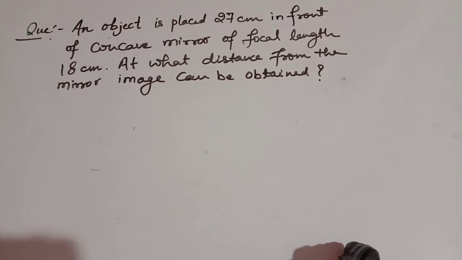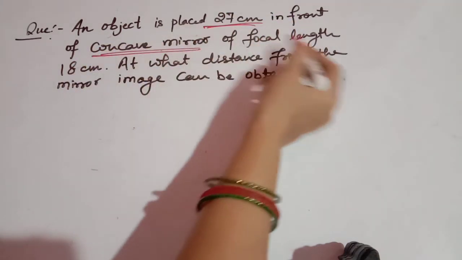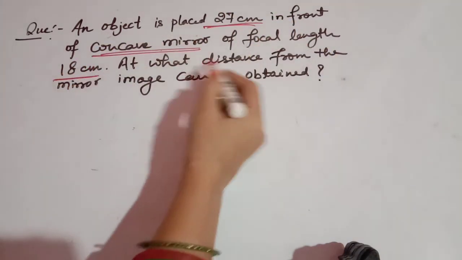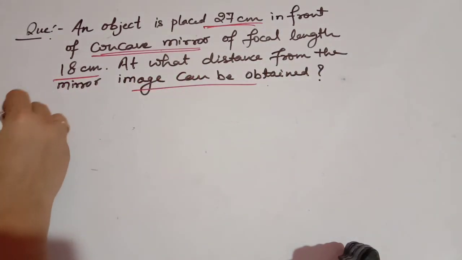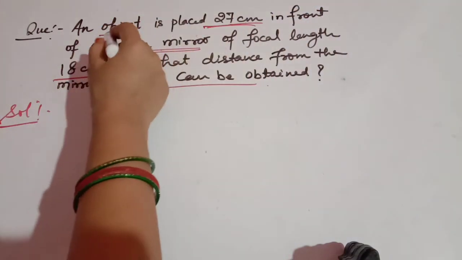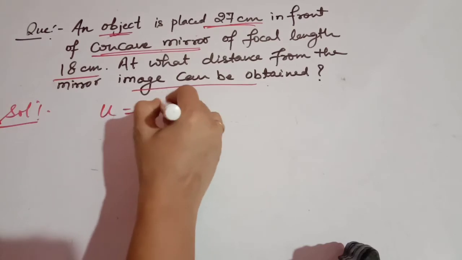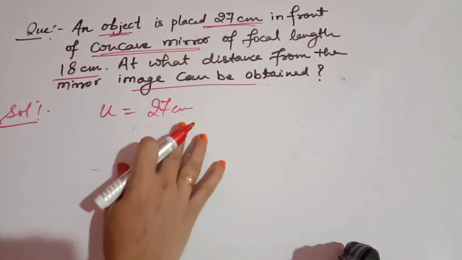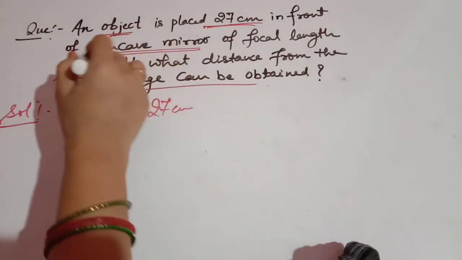An object is placed 27 centimeter in front of a concave mirror of focal length 18 centimeter. At what distance from the mirror can the image be obtained? So basically the things are given here. The object is placed at 27 centimeter, so this is the object distance, your U, that is 27 centimeter. Now what will be the sign, where your object is placed in front of the concave mirror?